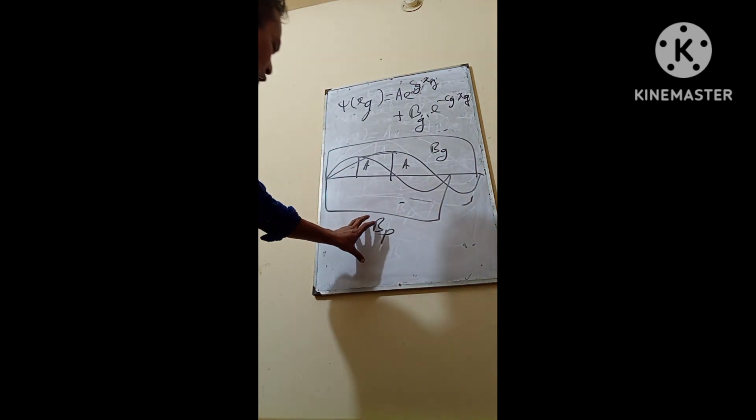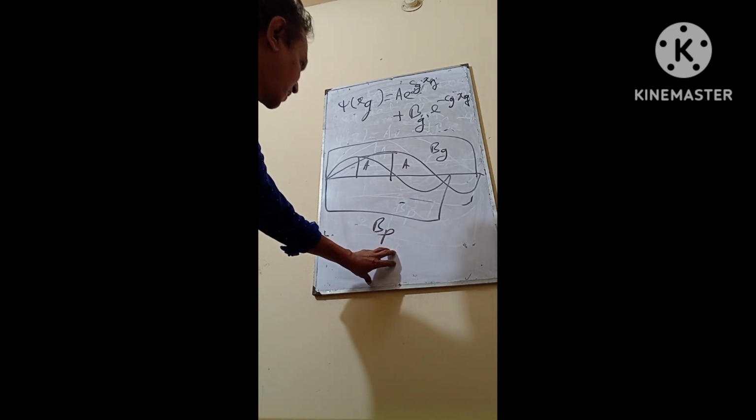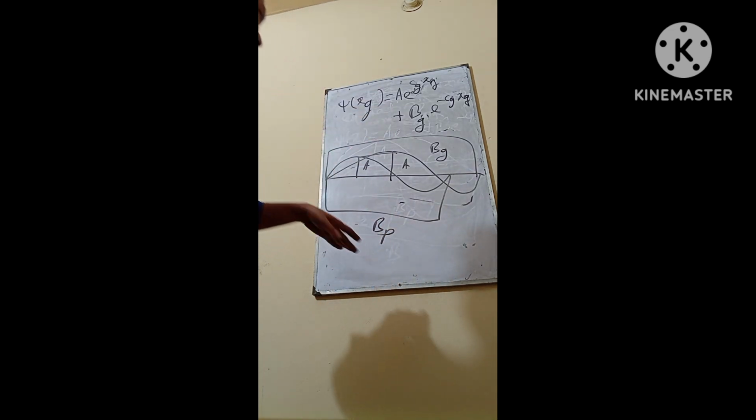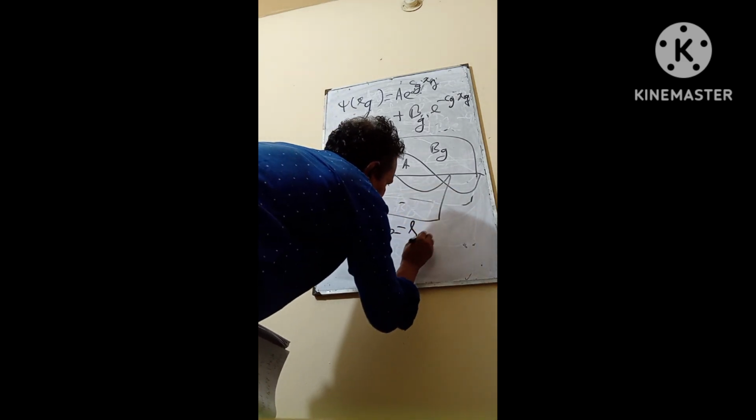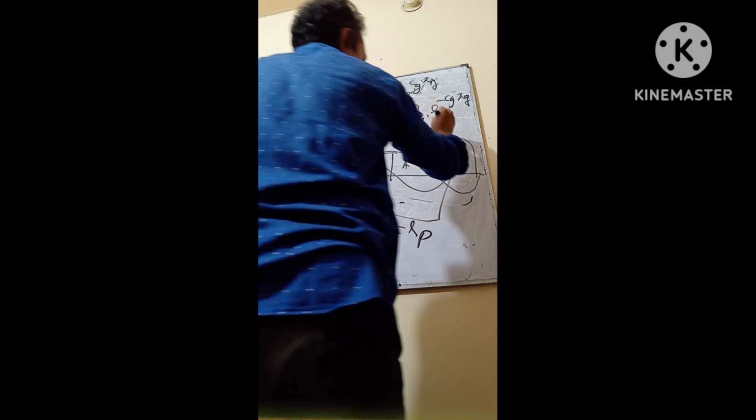The wavelength of BP, photon particles, is lambda P, or BZ, lambda Z.